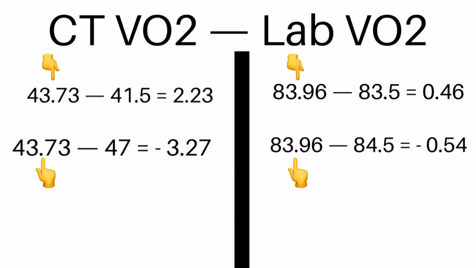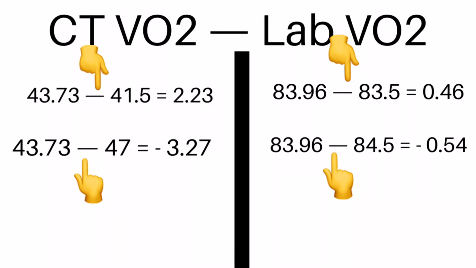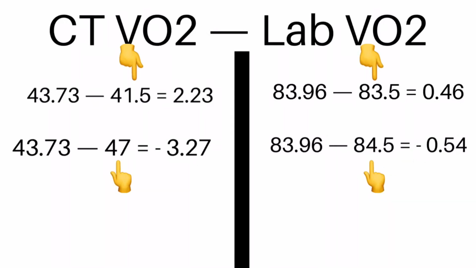So you take that number, you got your predicted VO2 max from the first assessment, and then subtract that number from the actual VO2 max from the second assessment, the VO2 max when you got tested in the lab.